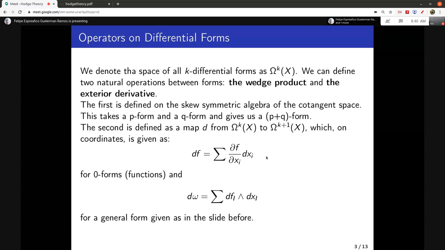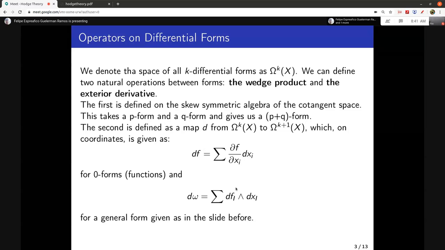It's easy to see that d squared is 0 because the second derivative, del squared f over del xj del xi, is equal to del squared f over del xi del xj if we change the order. But if we change the order here, we will change the order of the differentials, and changing the order in the wedge product is the same as changing the sign. So everything will cancel and we have d squared equals 0.